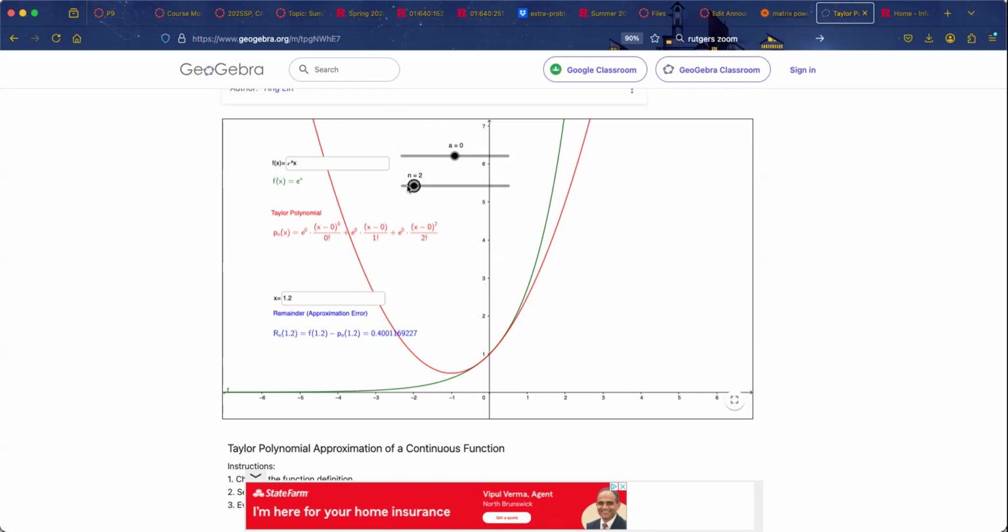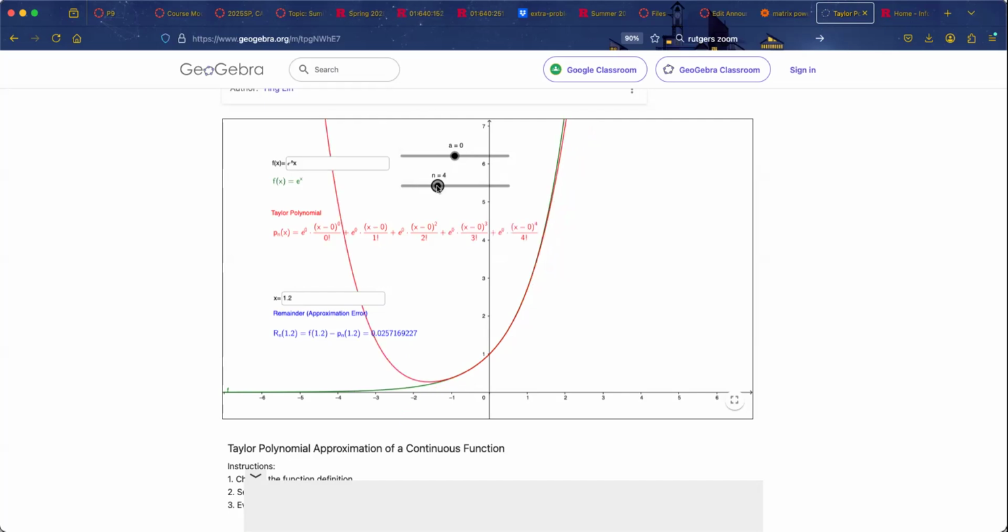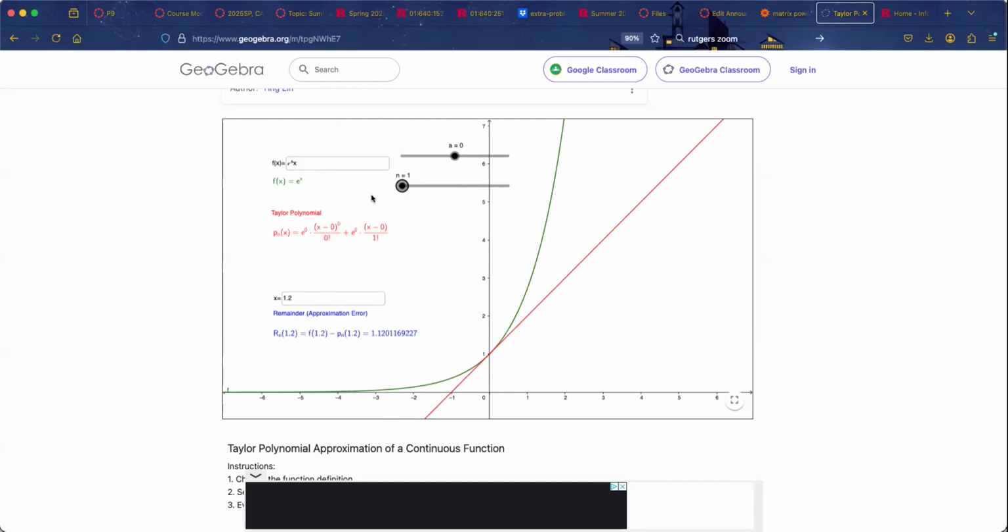And if you did a degree 3 polynomial approximation, what would happen here? We'll find it in a moment, but now this is how the approximation looks. And you could imagine going forever, adding more and more terms. I don't know if you keep track, the green curve is the original function and the red curve is the approximation.